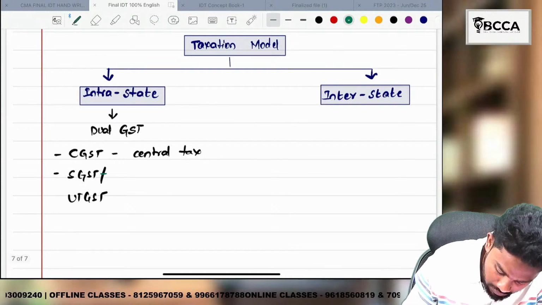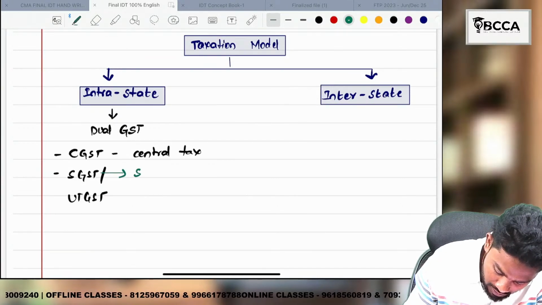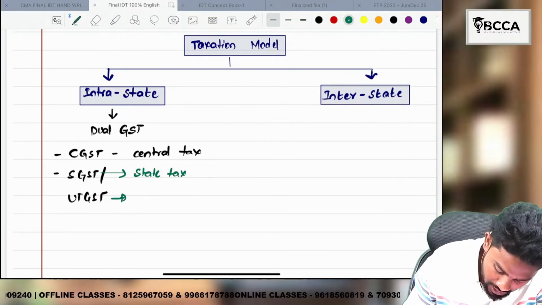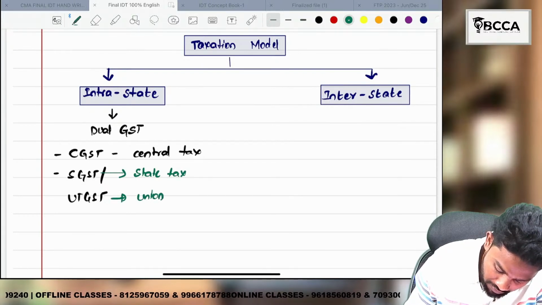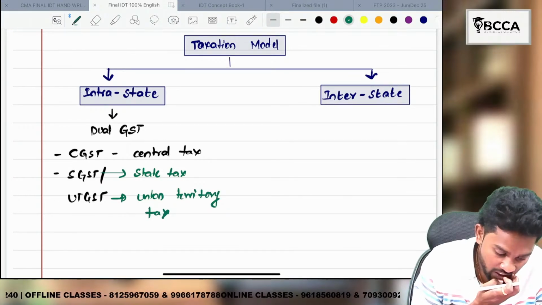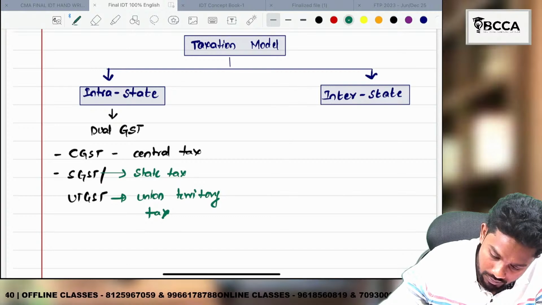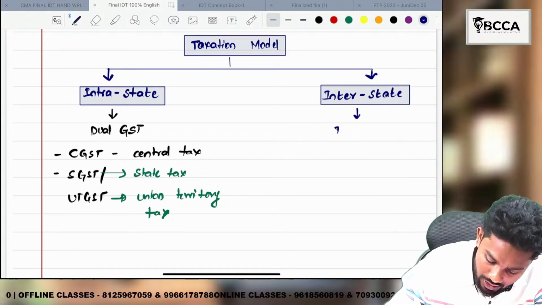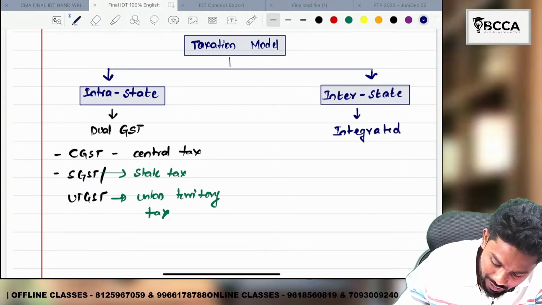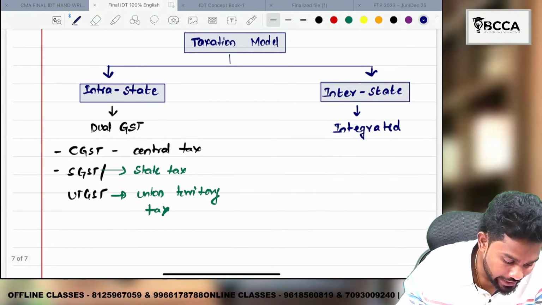SGST means state tax, and UTGST is Union Territory tax. On interstate, there is a single tax which is called integrated tax.